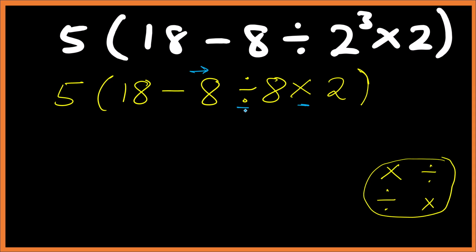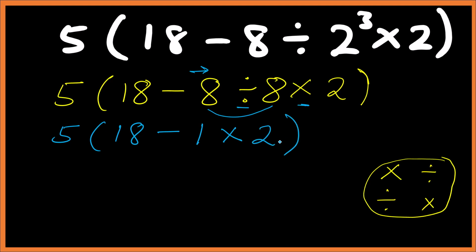We have 8 divided by 8 times 2. So I have to divide this one, and we know 8 divided by 8 is 1. So we have 5 times 18 minus 1 times 2. Now we can multiply. Since we are done with the division, 1 times 2 is 2.